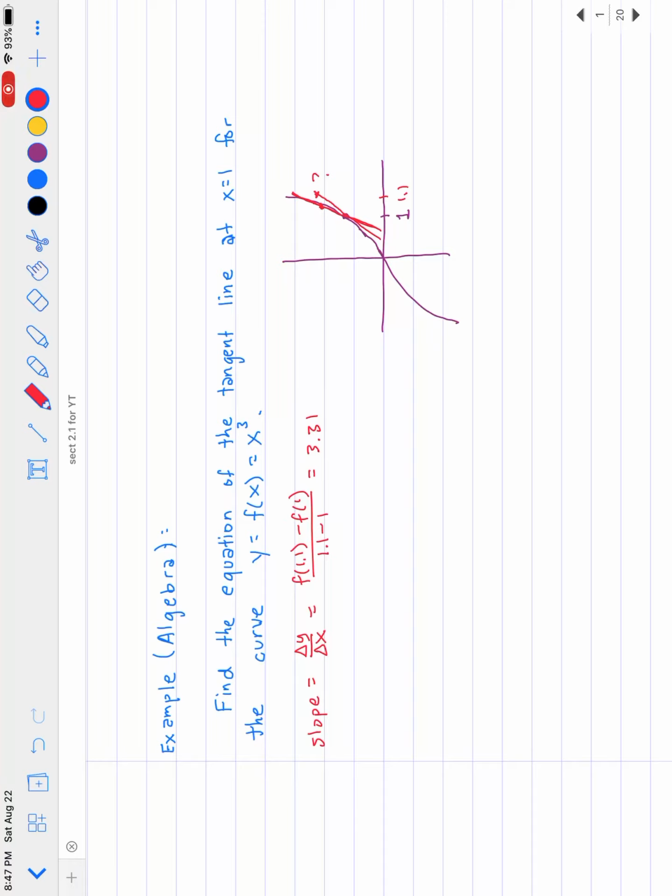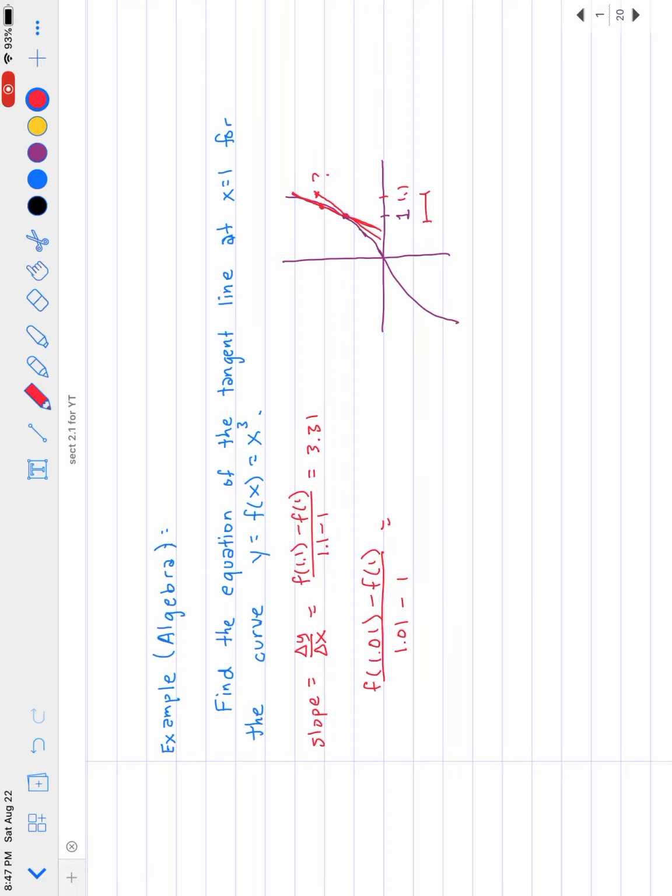Well, what if I close that gap a little bit and say f of 1.01 minus f of 1, all divided by 1.01 minus 1 instead. Notice how the interval between the x values is getting smaller, so the two points are getting closer and closer to each other.